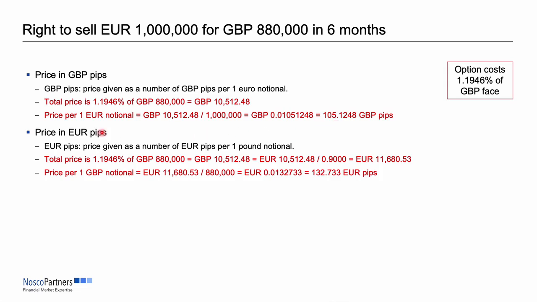We could, of course, do the same in euro pips. Expressing the price in euro pips would be the price per £1 notional expressed in euros, better in euro pips. So the total price in pounds was 10,512.48.